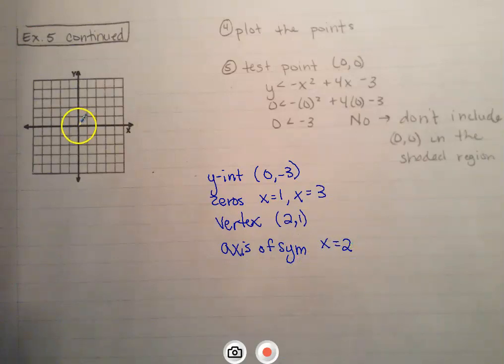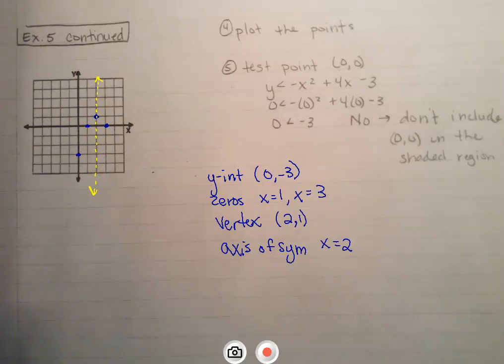So our y-intercept is 0, negative 3. 1, 2, 3. Our zeros, so our x-intercepts, are at 1 and 3. And our vertex is at 2, 1. Our axis of symmetry is at 2.